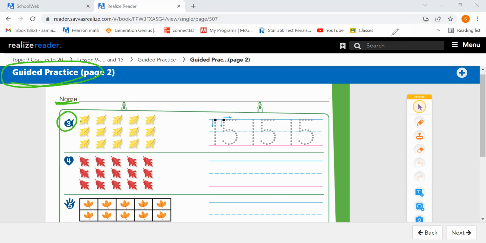Let's start. 1, 2, 3, 4, 5, 6, 7, 8, 9, 10, 11, 12, 13, 14, 15. 15 leaves. Let's practice starting from the top going down. Let's write our 5. Let's do it again.